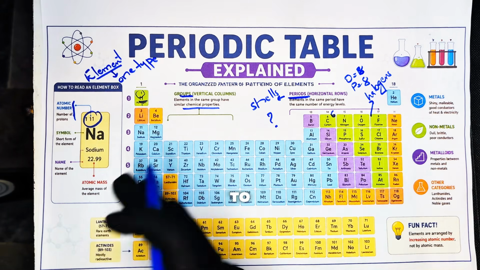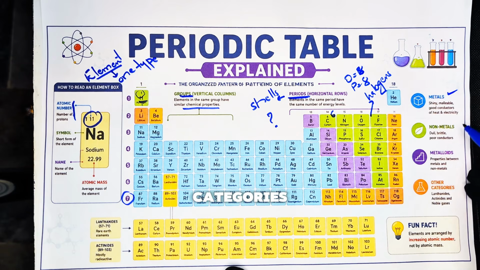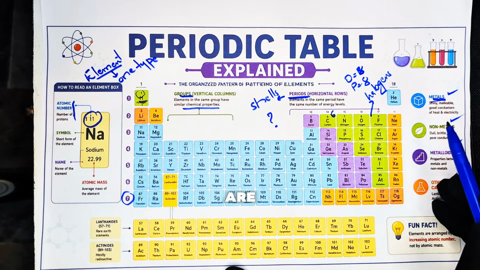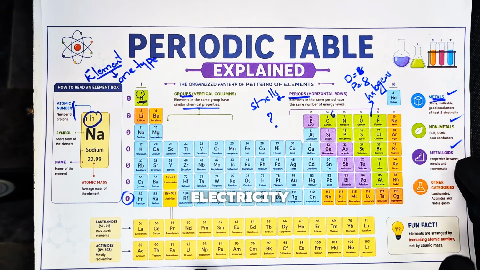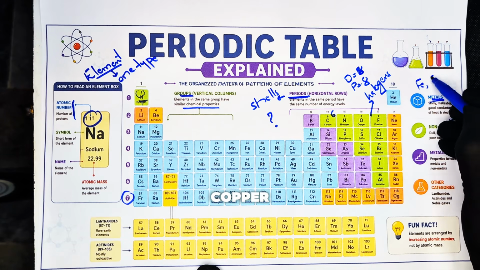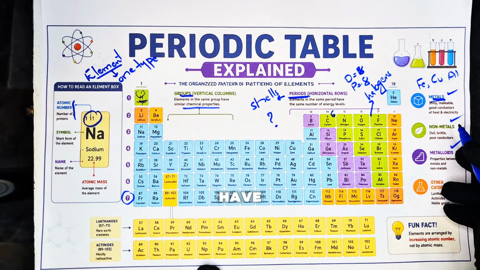Another useful way to read the periodic table is by dividing elements into 3 broad categories: metals, non-metals, and metalloids. Most elements are metals. They are generally shiny, malleable, and good conductors of heat and electricity. For example, it includes iron, copper, and aluminium. Next are non-metals.